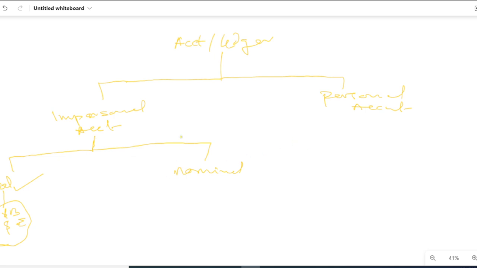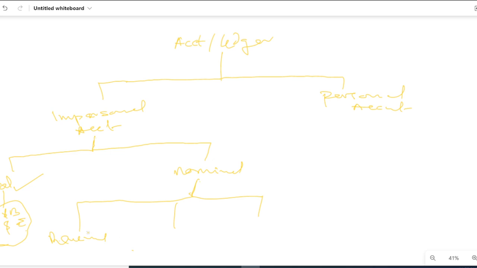Then nominal ledger is now divided into three. That is where you record your expenses, your revenue, your intangible or fictitious assets. Let's say this is your revenue: sales, commission, interest received, and the rest.